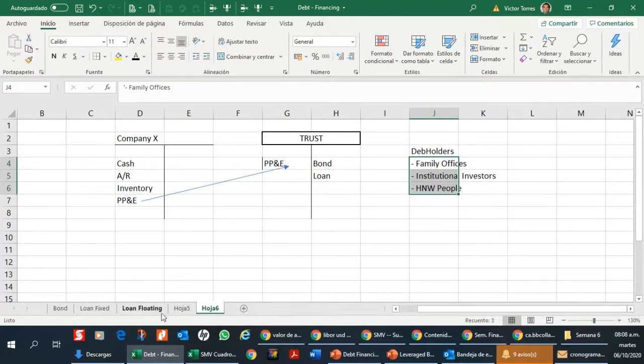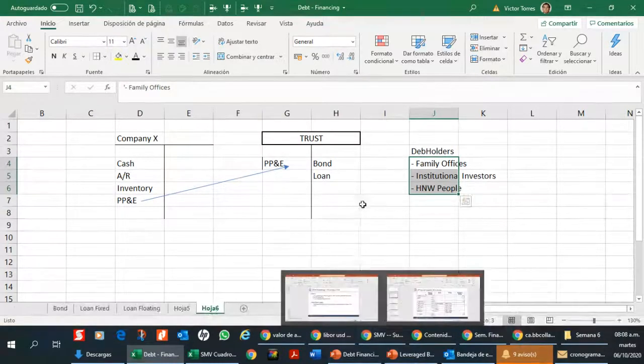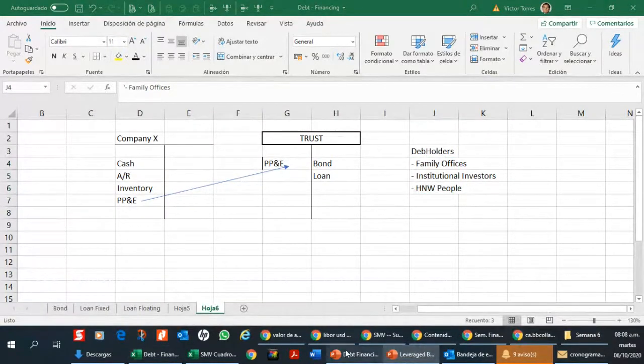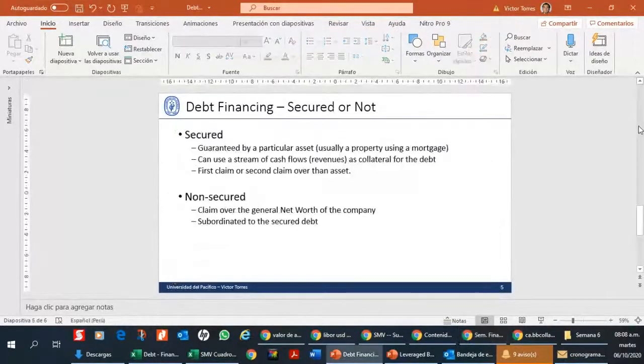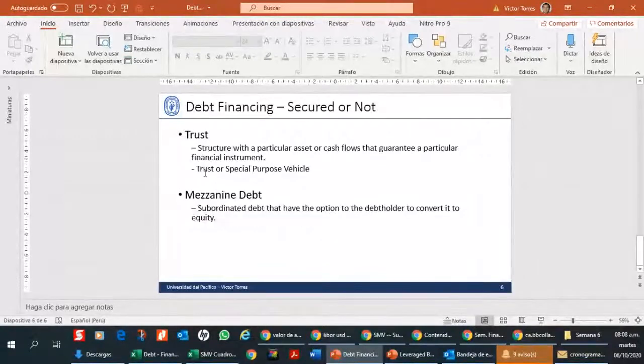But it's going to have some particular characteristics depending on the debt holder that we're going to be considering as part of that. Okay, so coming back to our structure. That's the structure we were talking about, the trust. But I wanted to mention the other one that is also non-secured, which is called mezzanine debt.